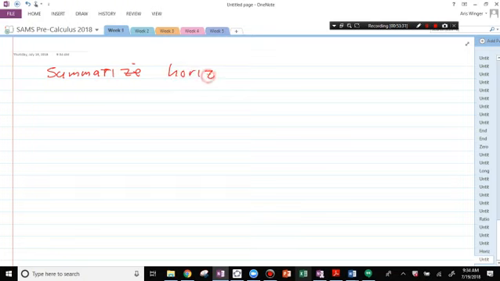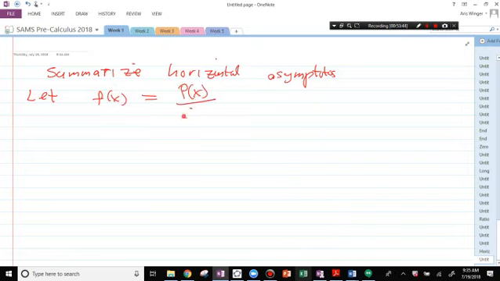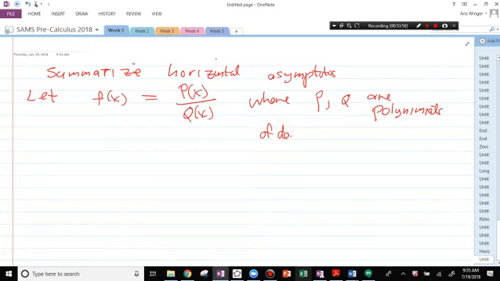Horizontal asymptotes. Let f of x be equal to p of x over q of x, where p and q are polynomials of degree n and m. So n is the highest power in the numerator, and m is the highest power in the denominator. 1.